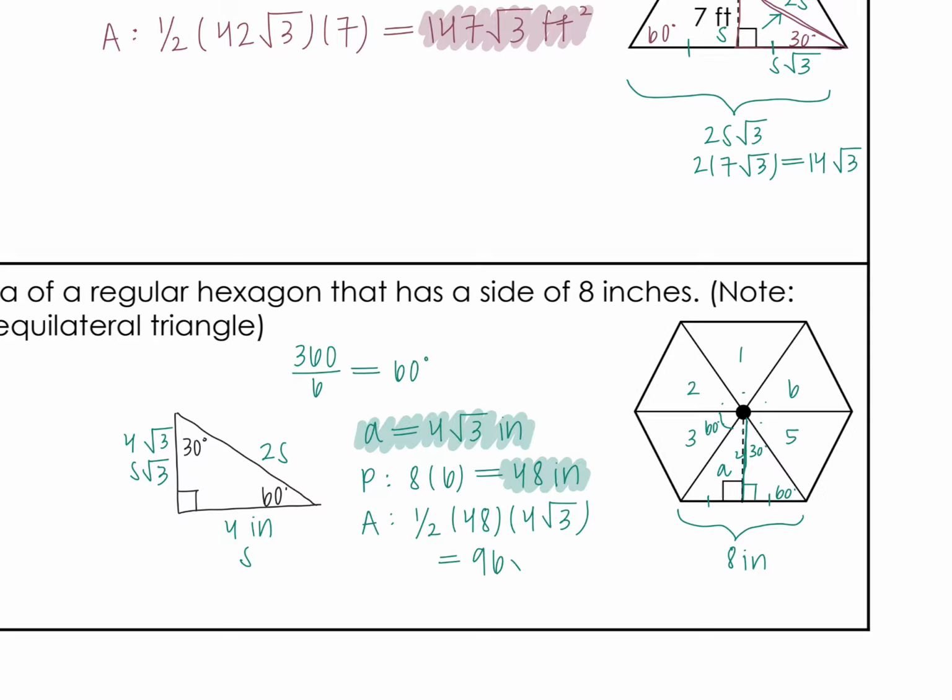So I'll have 96√3 inches squared for my area. And that's my answer for number 4.